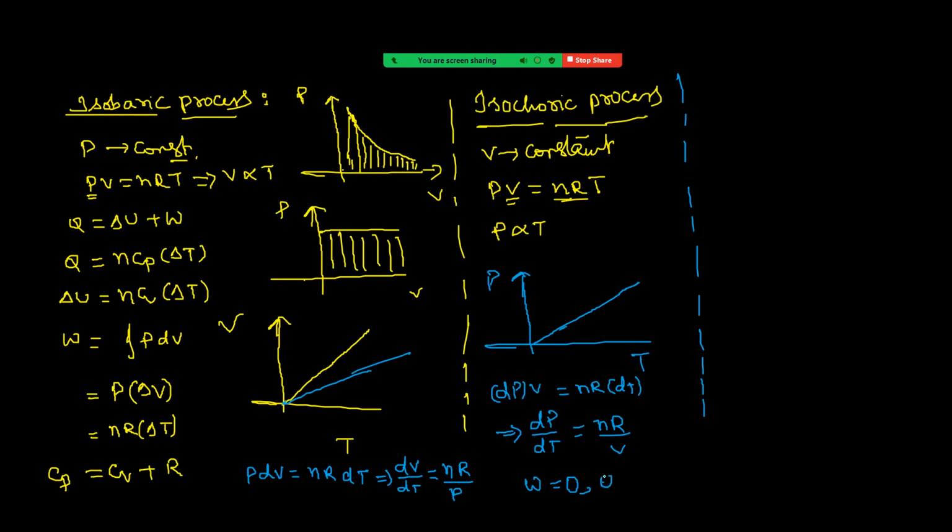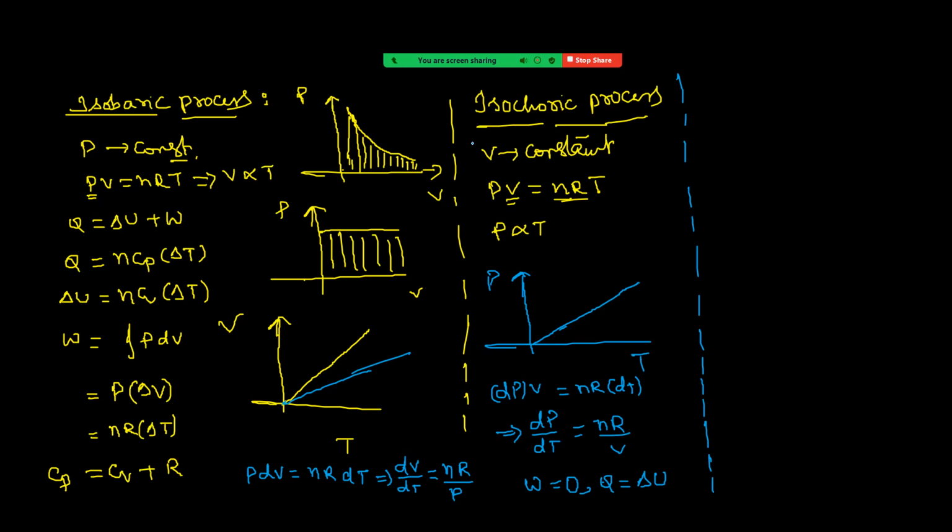Therefore, Q equal to delta U. See, its meaning is the heat energy given is completely utilized to raise the internal energy of the system. I am repeating, heat energy given to system is completely utilized to raise internal energy of the system. Okay, the meaning of that.